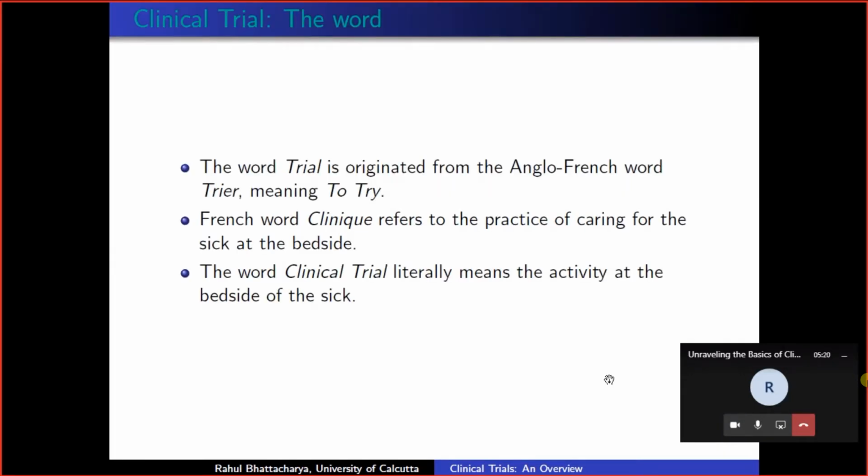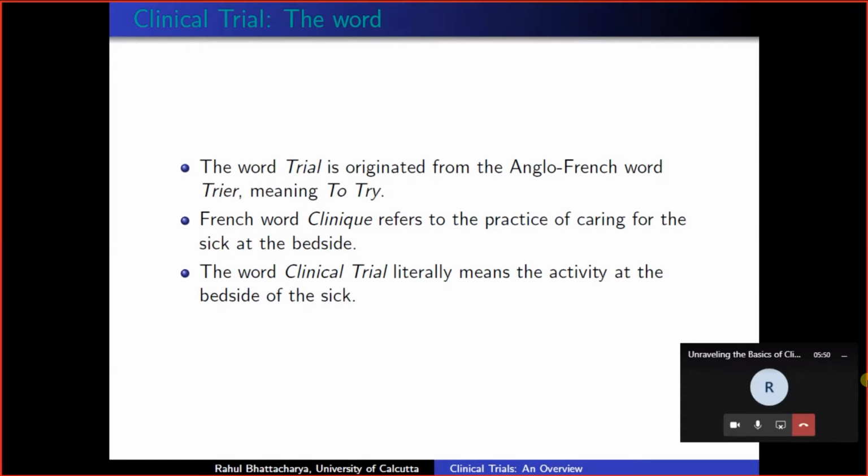The first thing is, what is a clinical trial? If you go through the term, you will find that it consists of two words, clinic and trial. The word trial originated from the Anglo-French word trier, meaning to try, and the French word clinic refers to the practice of caring for the sick at the bedside.